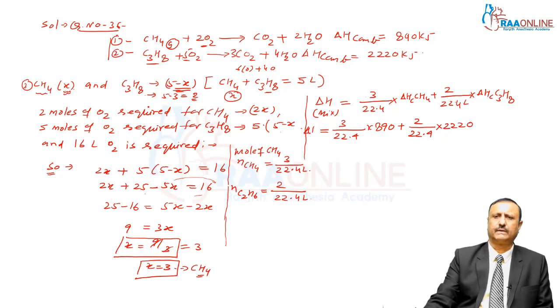Then you can get the delta H mixing when you solve. You can multiply 3 by 890 and divide by 22.4, and 2 multiplied by 2220 and divided by 22.4. Then, my dear students, you can get 317 kilojoule.